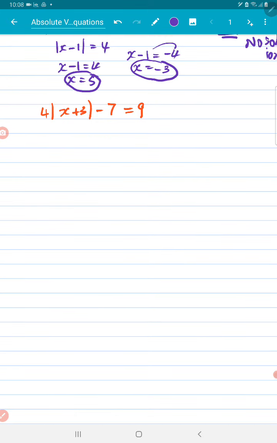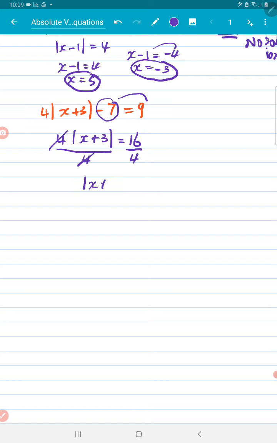Last question. Okay, so let's move the number that's on its own here across first. So 4x plus 3 equals 9 plus 7, which is 16. And you've got a 4 on this side, so let's divide both sides by 4. Cancel. So x plus 3 equals 4.